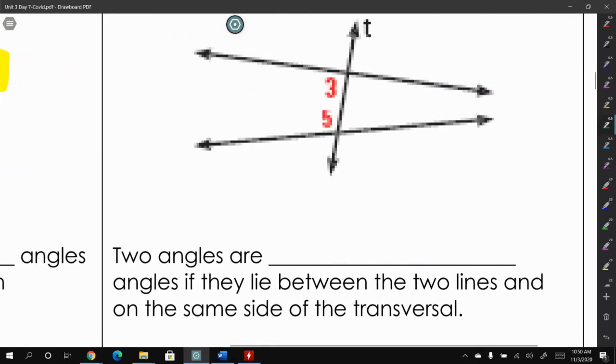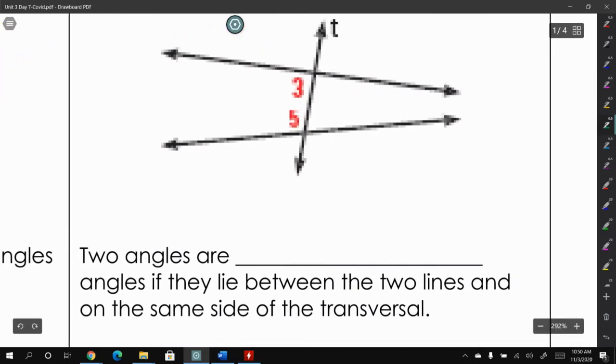And then the last one, you may say, well, they are both on the same side of the transversal, and they're on the interior. And you say, okay, here's the interior, and they're on the inside. Some people in some textbooks call those same side interior angles because that's just what they are.